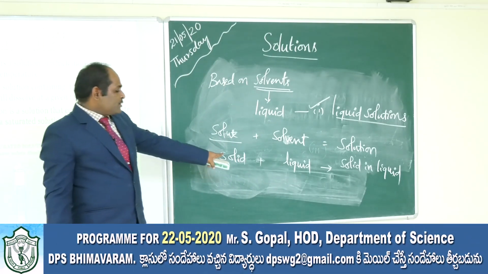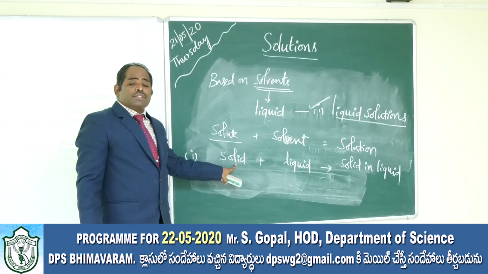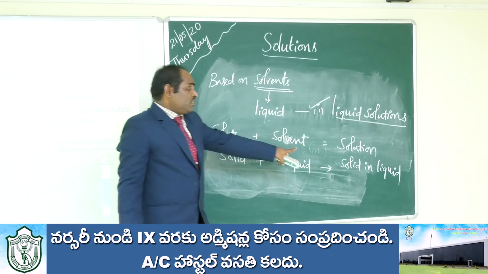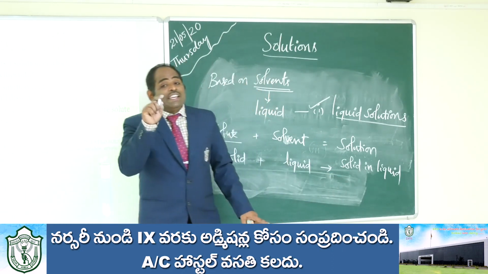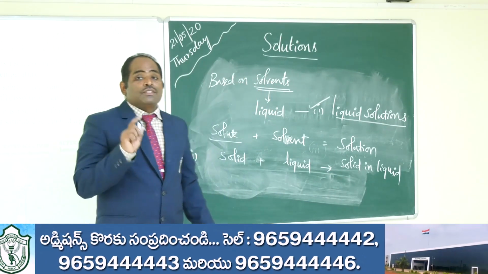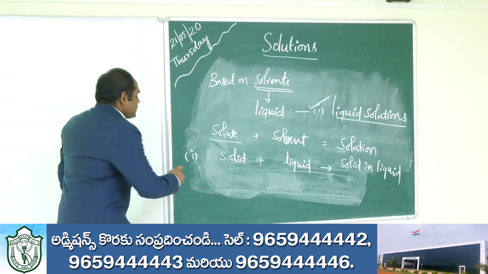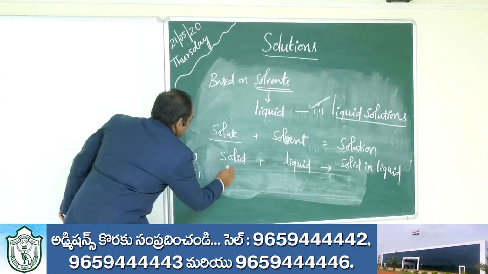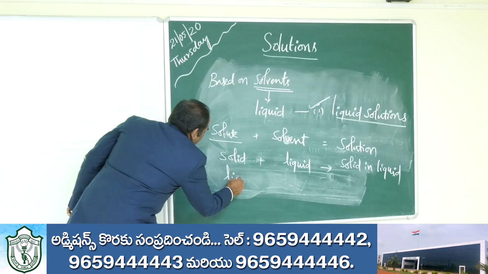Clear? Because solid is the smaller component, that is the solute, and liquid is the larger component, that is the solvent. Then this solution is called a solid in liquid solution. Clear?